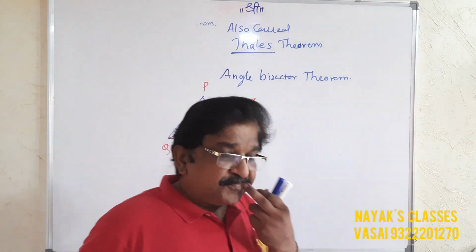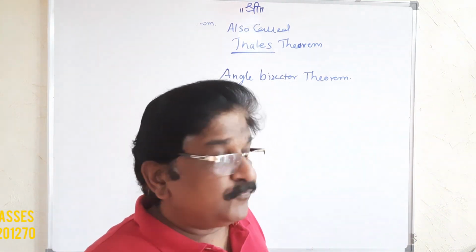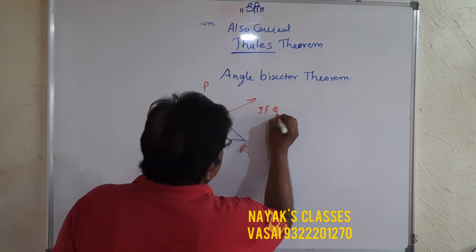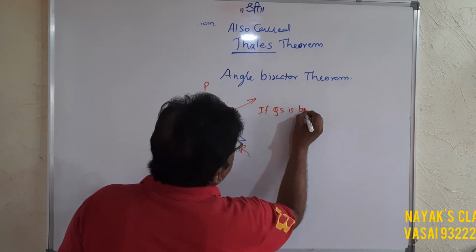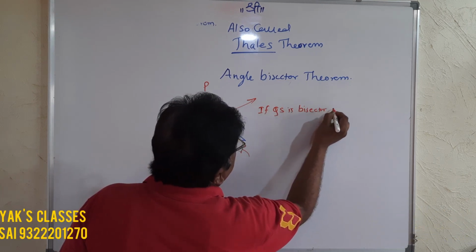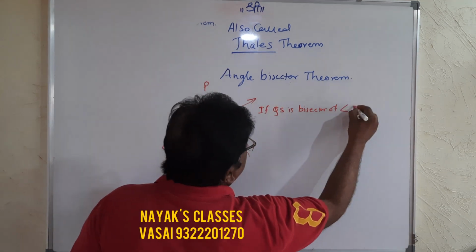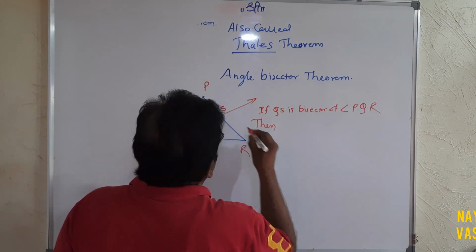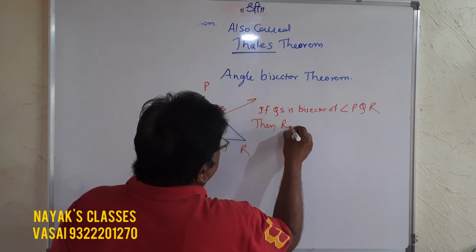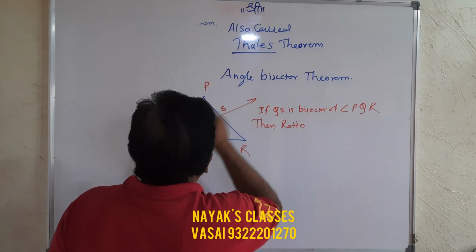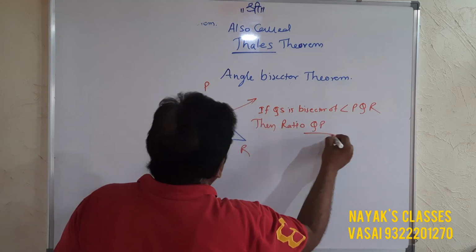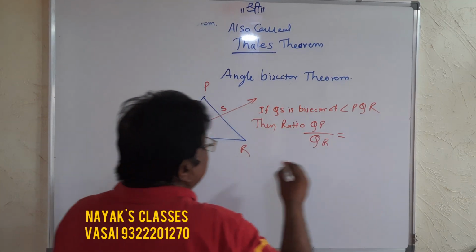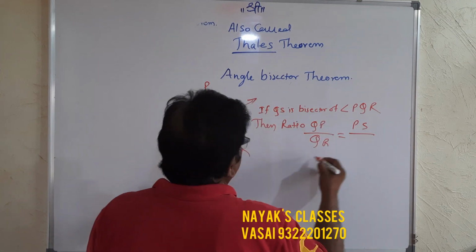So QS is an angle bisector. If QS is the bisector of angle PQR, then the ratio PQ upon QR is equal to PS upon SR.